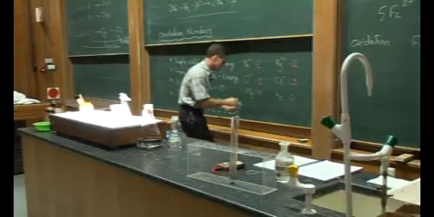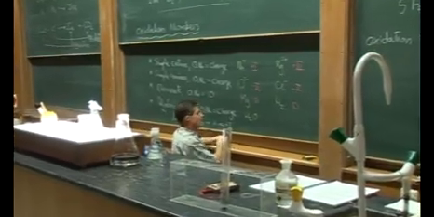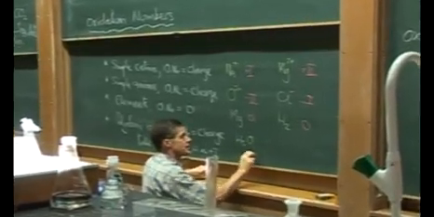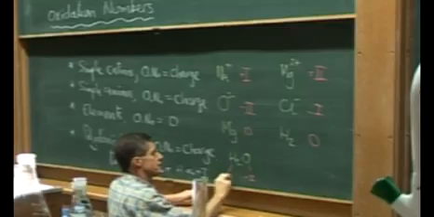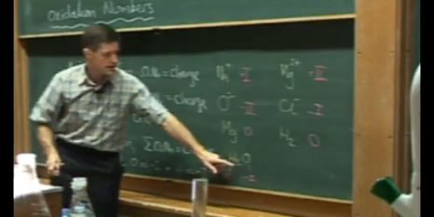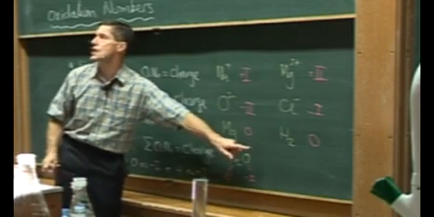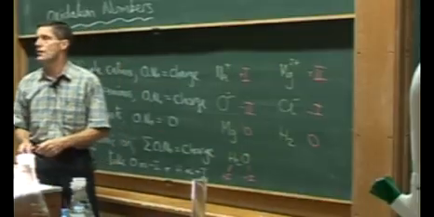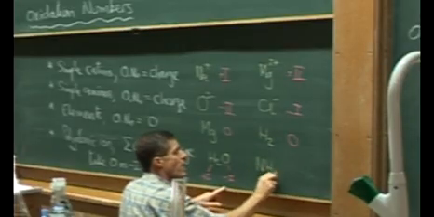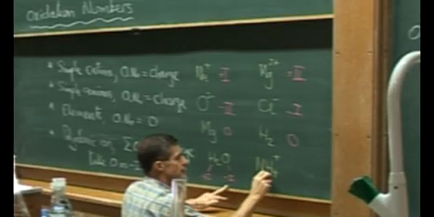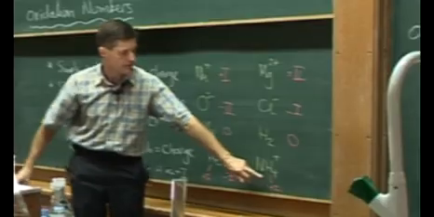So, if I look at a neutral molecule like H2O, the oxidation number of oxygen is -2. The oxidation number of hydrogen is +1. 2 times +1 and -2 gives me no overall charge. So it's a neutral molecule. If I look at NH4+, hydrogen is +1.